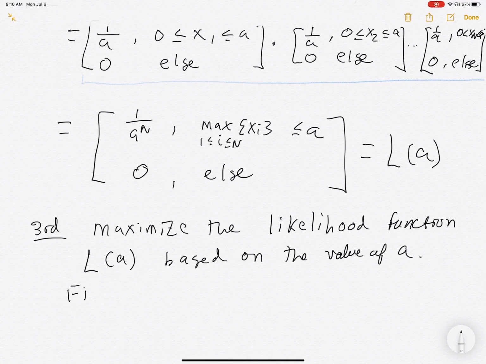So the first thing I'm going to do, we will graph L of a.